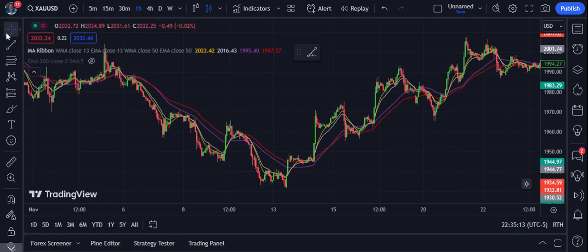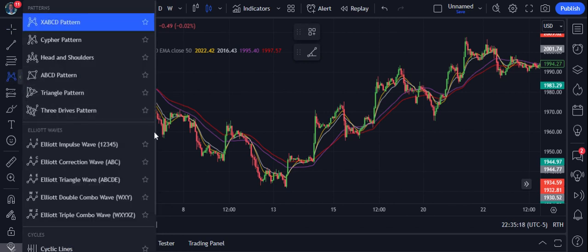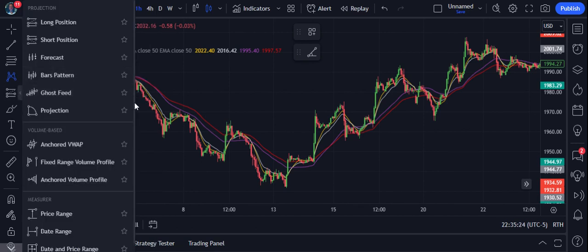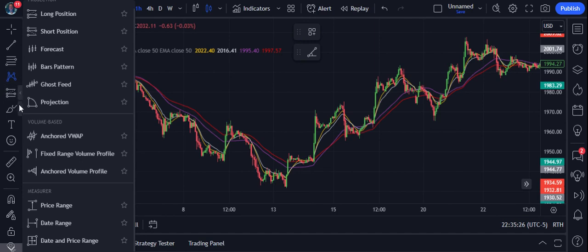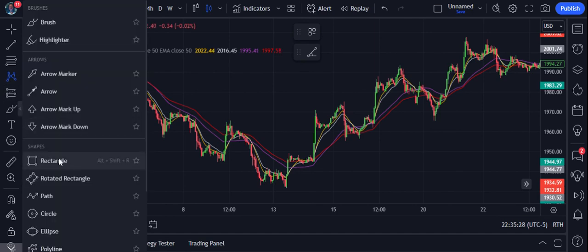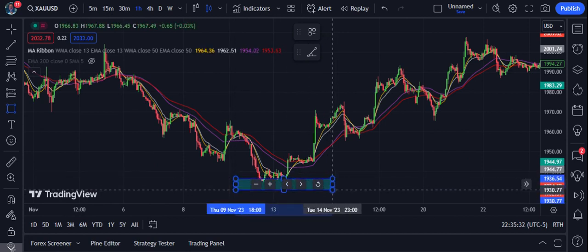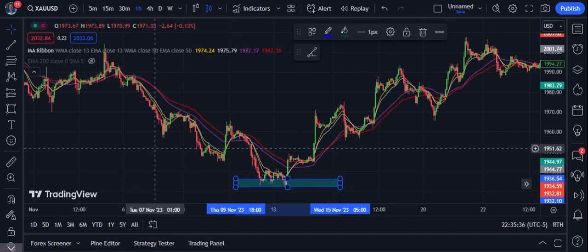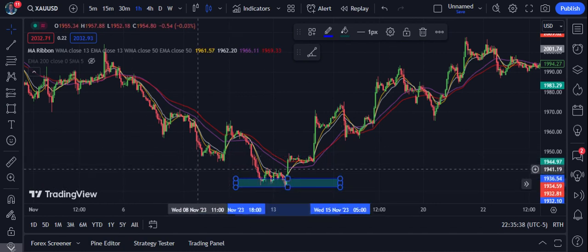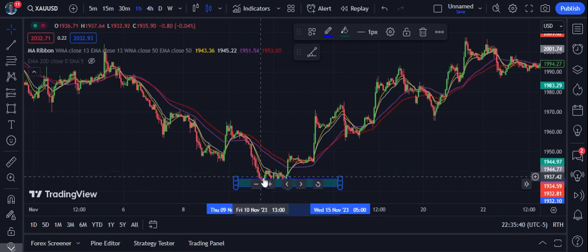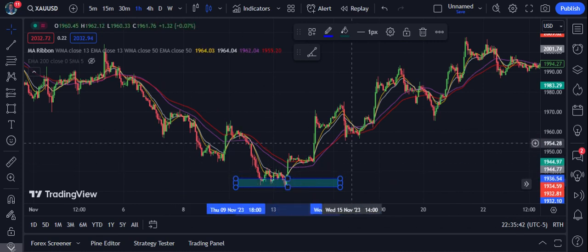It's not hard to find, I just forgot where it was. Here it is. I'm going to draw a rectangle right here because that's where some wicks are touching. And that's one confirmation for this trade.